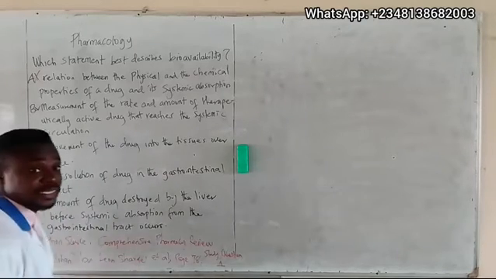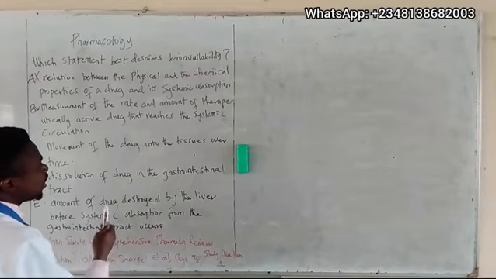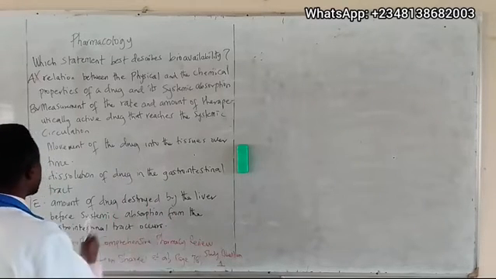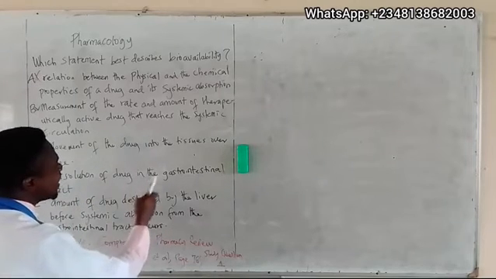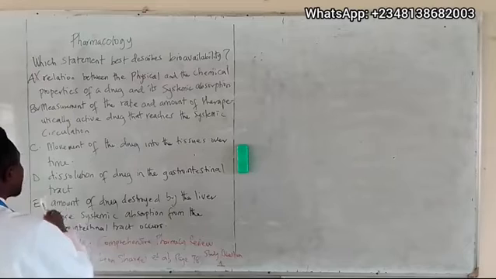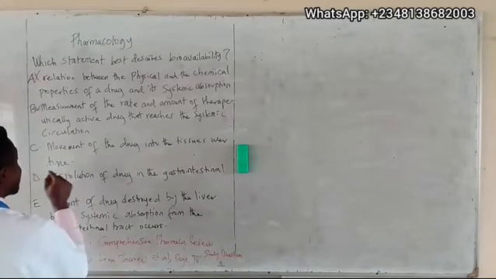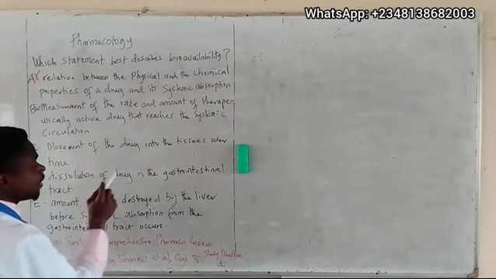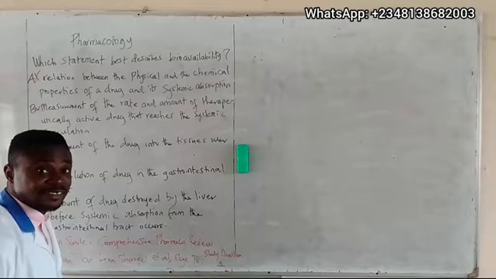Now, option C says movements of the drug into the tissues over time. Look at this quick. If you're not careful, you will think C, but it's not.